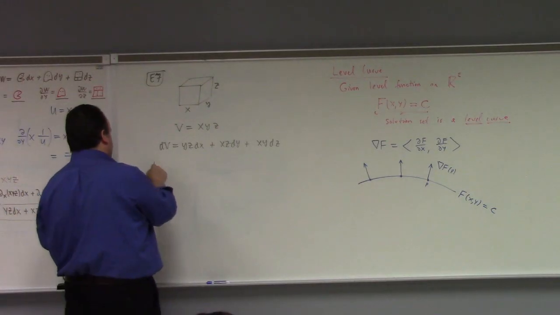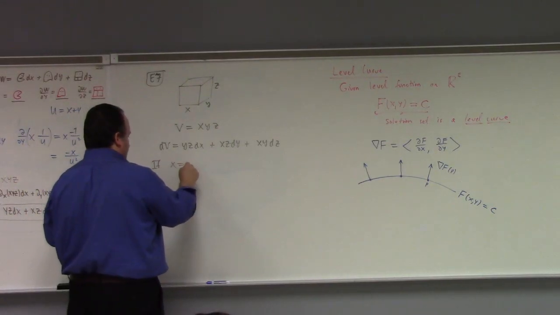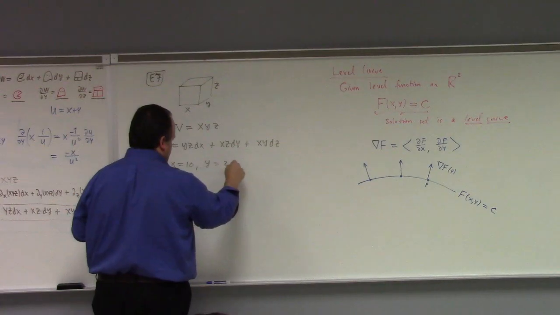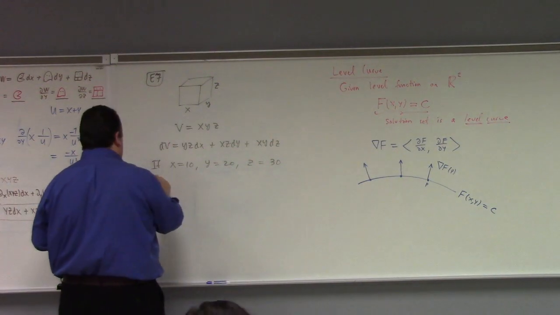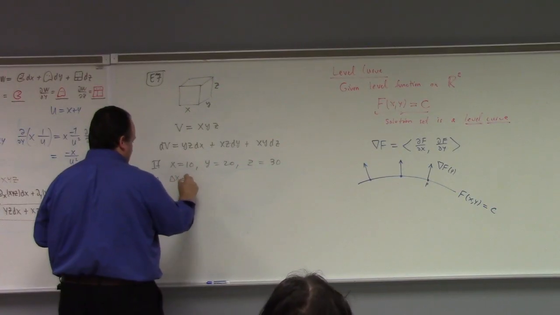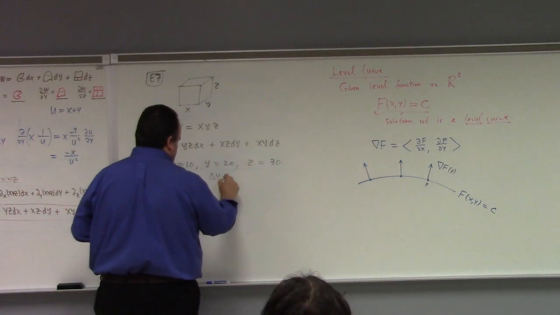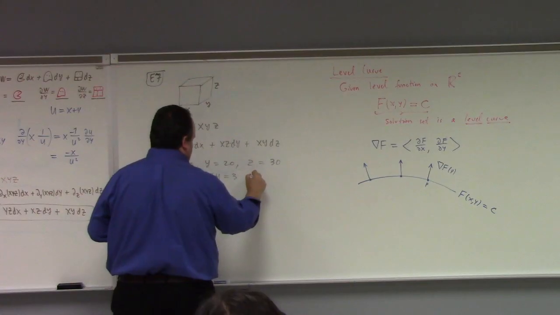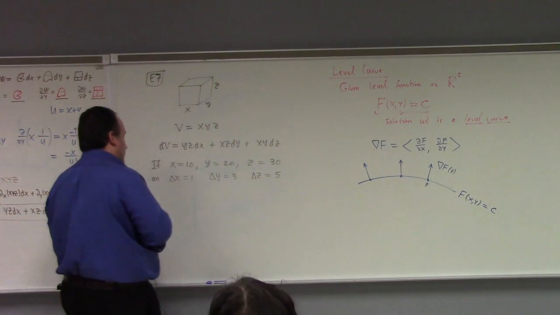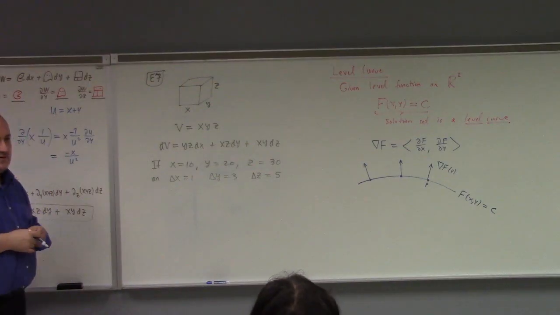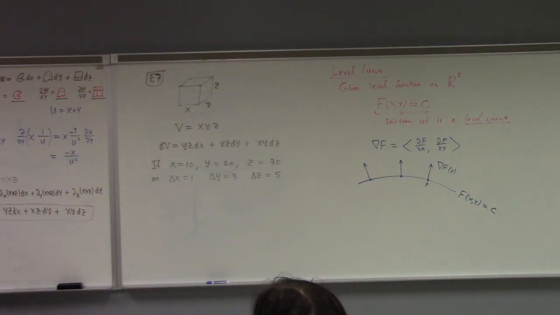So if x is equal to 10, y is equal to 20, z is equal to 30, and the uncertainty in x is known to be 1, the uncertainty in y is about 3, and the uncertainty in z is about 5, what's the uncertainty in your measurement of the volume? Well, the differential basically gives you a guide.